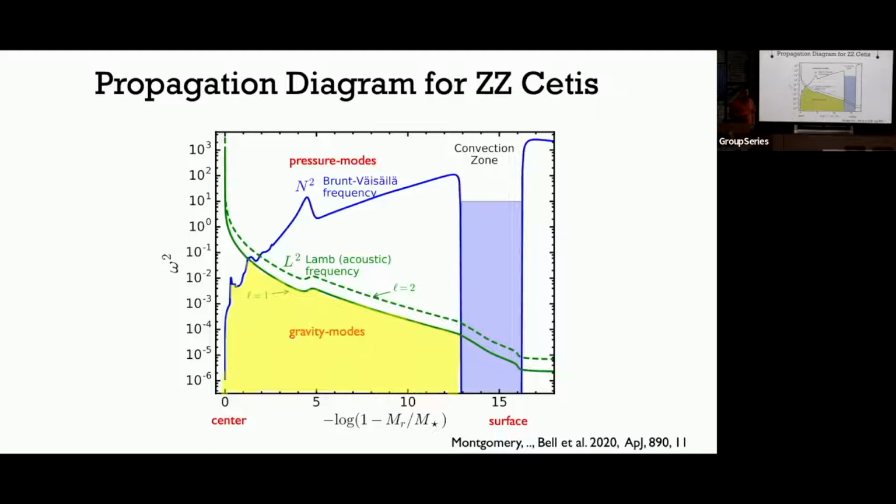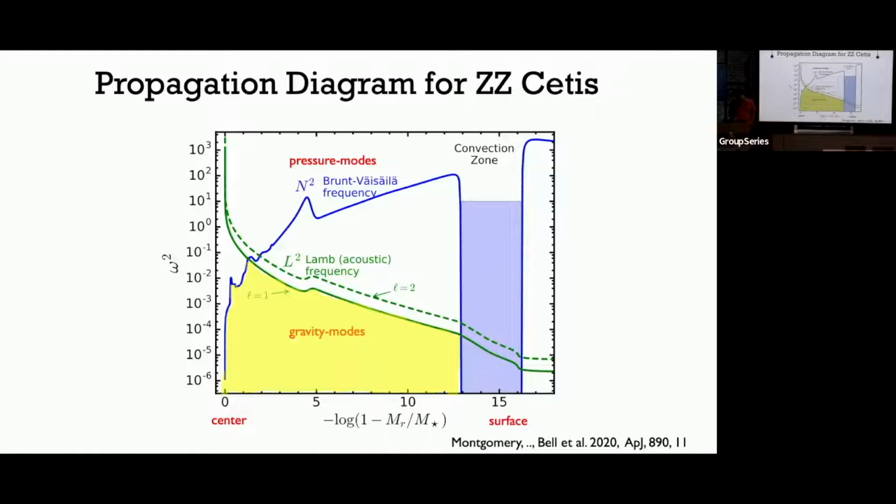I'm not going to go into great detail about how to read a propagation diagram. The important thing to know is that this is modeling the structure of a star from the center to the surface, and that the gravity mode pulsations that we observe in white dwarf stars are standing waves that resonate between these boundaries that I've colored in very crudely with a highlighter.